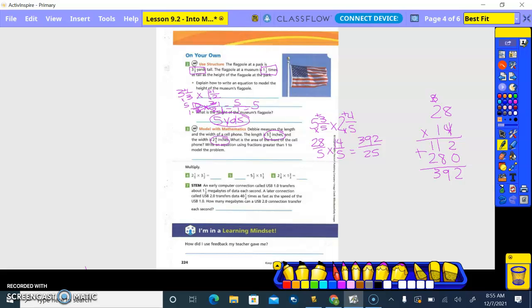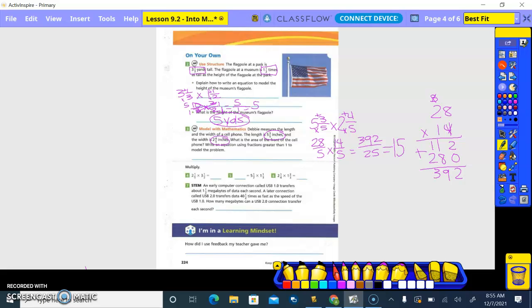Okay, now 25 is like a quarter, right? How many times can 25 go into 392? So 4 quarters get us 100, right? Yes. So that's at least going to be 12, and then add 3 more, so 15. And that gets me 375, right? Okay.